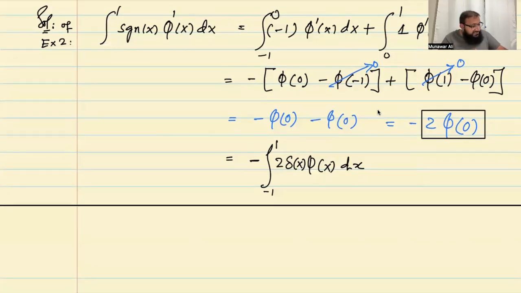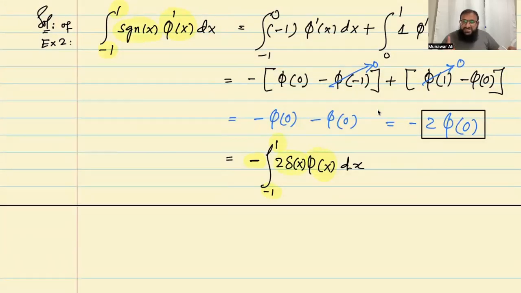So you can simply say that this satisfies the definition of weak derivative. You have limits -1 to 1 on both sides. On this side, you have a negative sign. You have phi prime on the left hand side and phi on the right hand side. The function whose derivative you are going to find is sine, and the derivative is 2 delta of x.